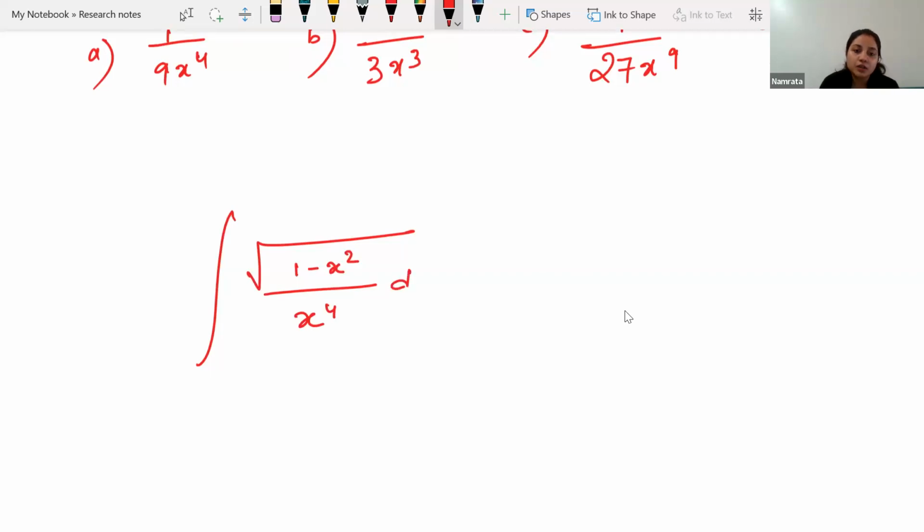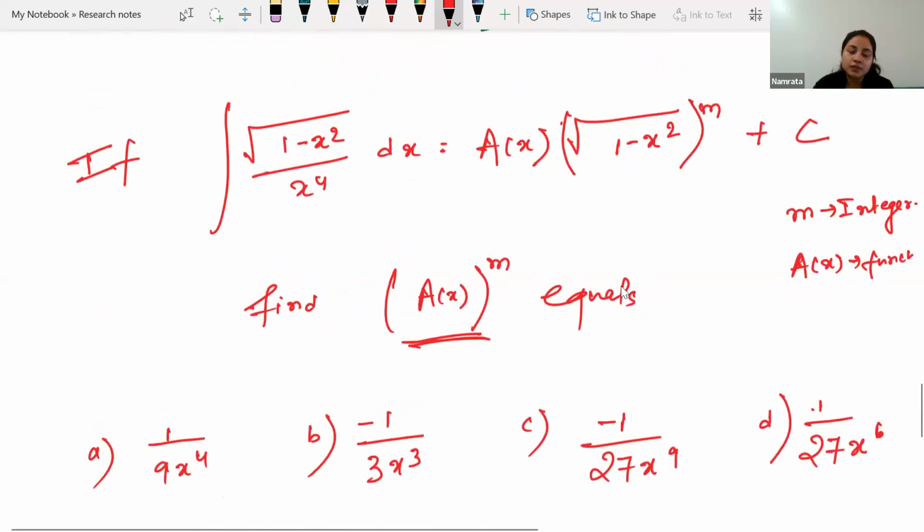What can be done over here? Any idea? Anyone? We can use the substitution method. So which substitution can we take over here?